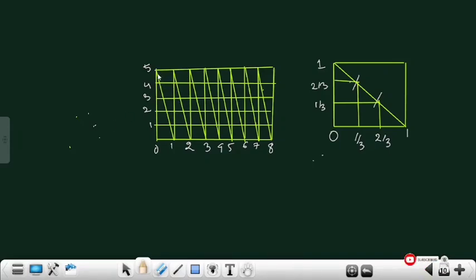We simply draw the parallel lines. And these are the 8 units. That means we can measure up to 8 units, and the diagonal line is divided into 5 parts, so it can subdivide into 5 parts. That means the least count.